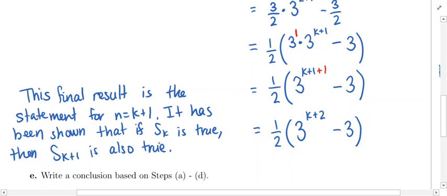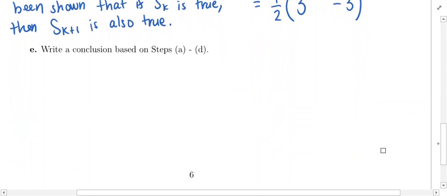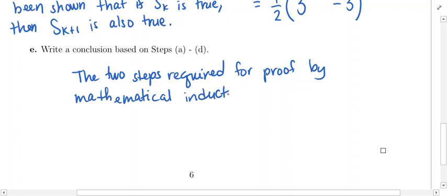Okay, induction step done. Moving on to part E, we need to write a conclusion about the whole thing. So we've done the base case, we did that in part A. We did the induction step in part D. So we can write: the two steps required for proof by mathematical induction have been completed.